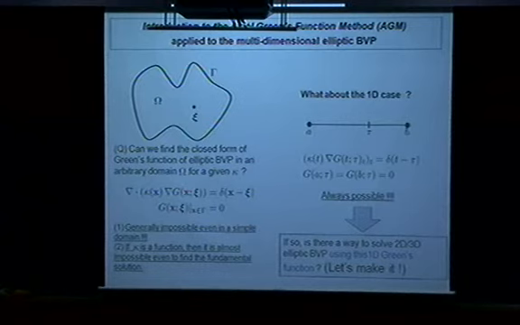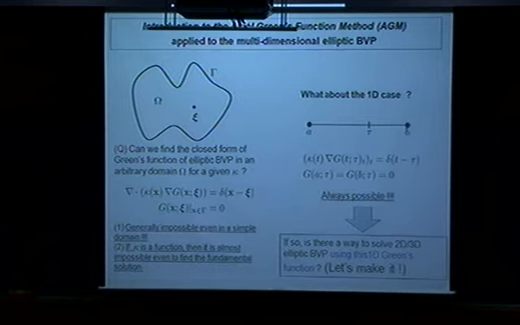In this case, even if kappa is not constant in general, we can always solve this problem. And the Green function g itself has a very simple, closed form.